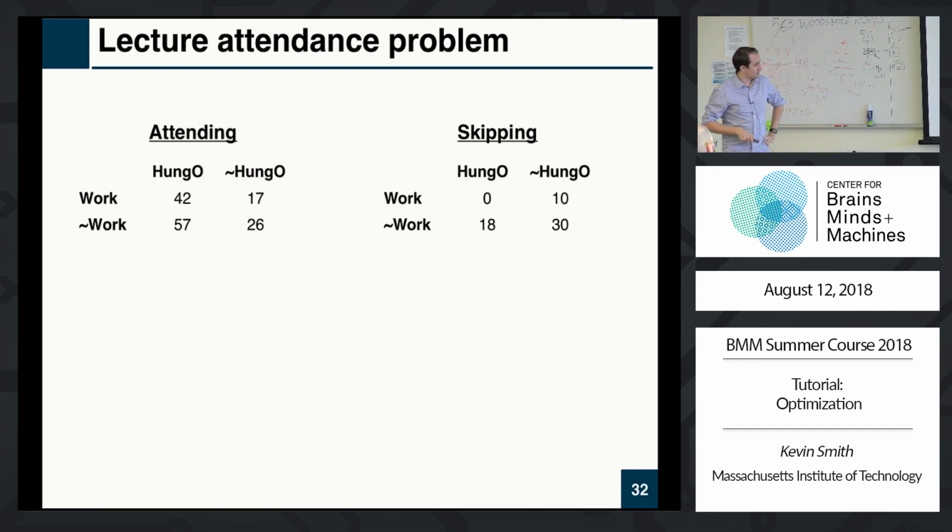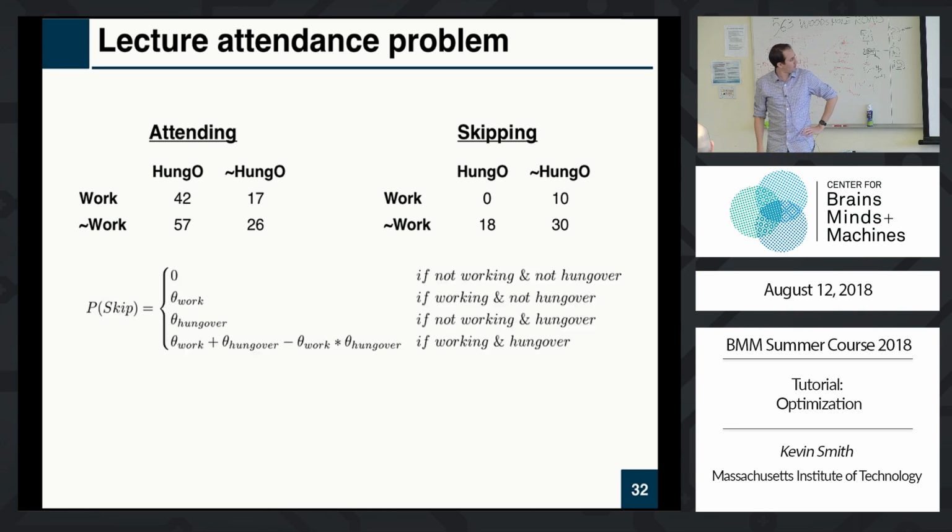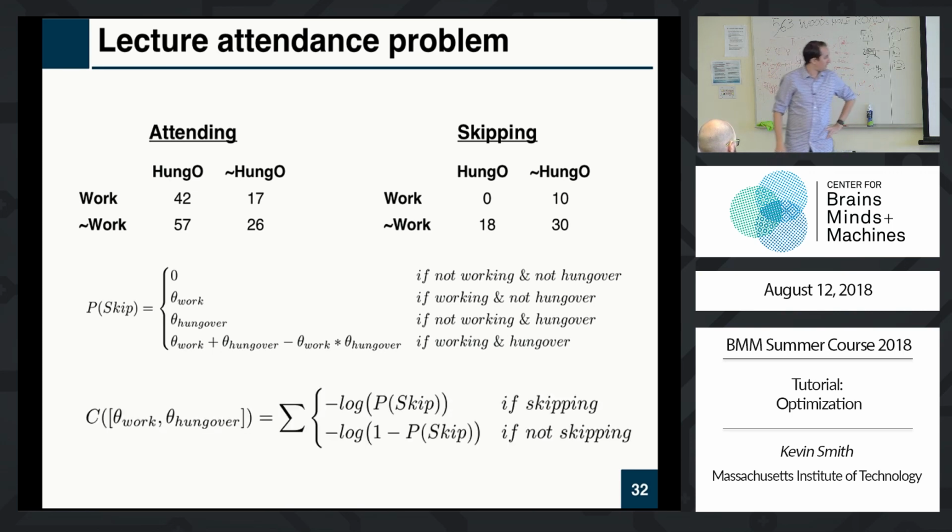So we can take all of these different observations and build this table of who's attending, and whether they are working or hungover, and who's skipping. And then we can define our forward model as this noisy OR. So if you're working and not hungover, there's one parameter. If you're hungover and not working, there's another. And there's this kind of ANDing of the other two.